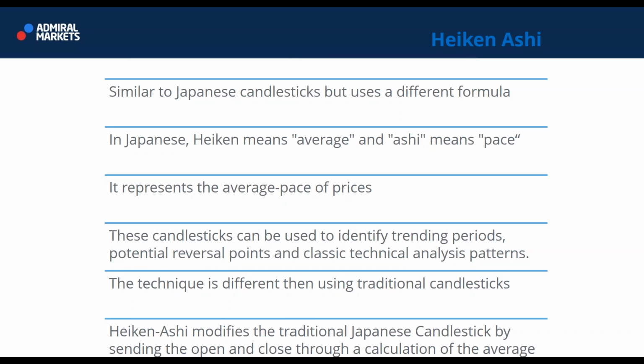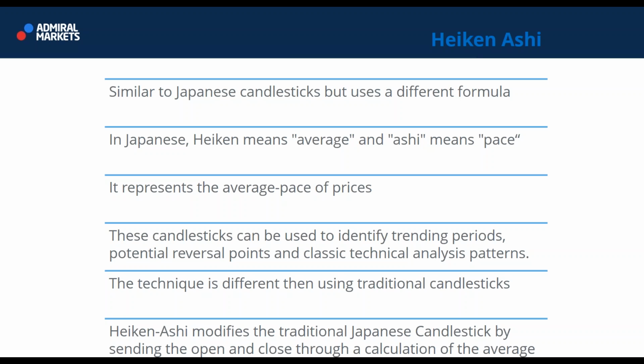That is very good because when you use Heiken Ashi candles, that's my observation, maybe some people do it differently, you don't need many filters, because Heiken Ashi is the filter for itself. So those candlesticks can be used to identify trends, potential reversal points, and classic patterns.